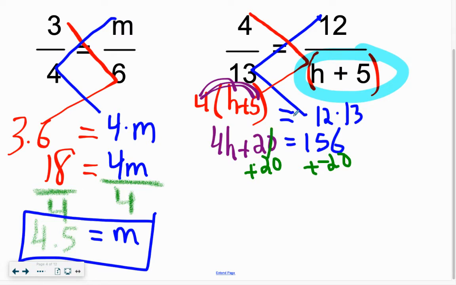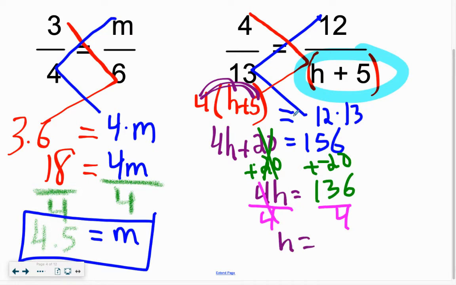Please note we did that because these guys cancel. You're left with 4h on the left side and 136 on the right side. Then solve by dividing on out. Again, start on the side with the variable so we know to put 4 in the denominator, the bottom, because those guys cancel. You're left with h equals 34.